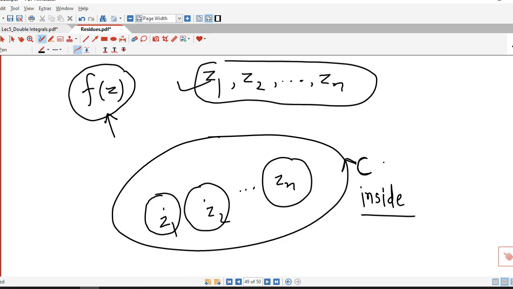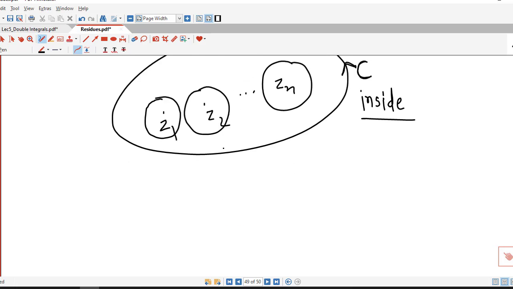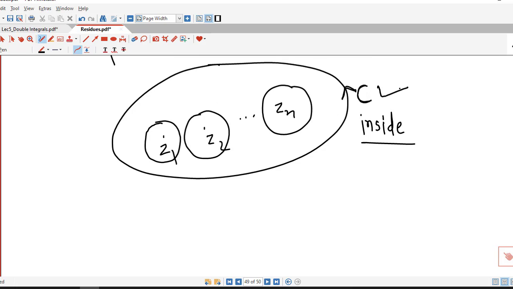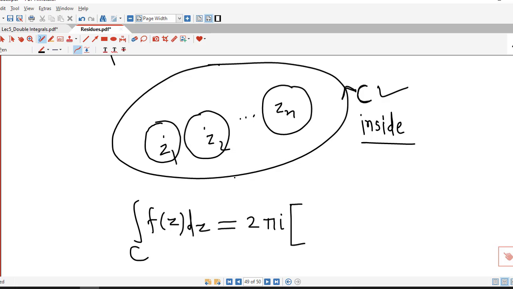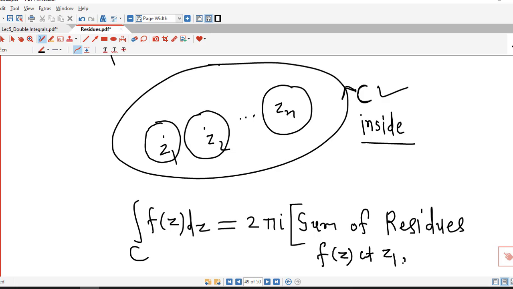So if this condition is satisfied and we are interested in the integral of f of z along this simple closed contour C in the counterclockwise direction, then this integral is nothing but 2 pi i times the sum of residues of f of z at these points which are inside C, that is, at z1, z2, zn.